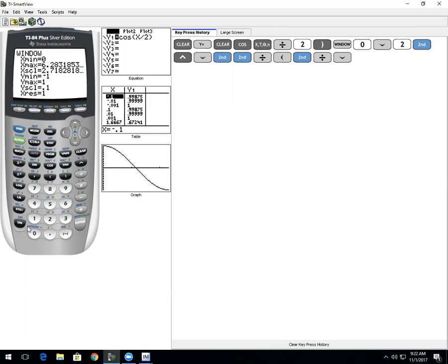What about my Y max and min? Got any ideas what we should use there? What's the lowest value sine is going to attain? -1, and the highest value? 1. So let's be a little bit traditional on that. Just count by 0.1s are fine.